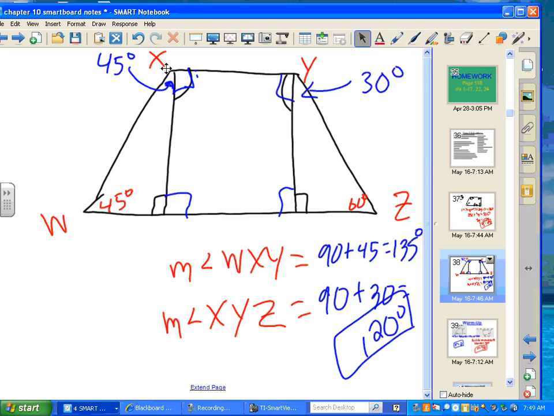Because these two are congruent, and if these two are 90, these two are going to be 90, because these two are congruent. So in other words, these add up to 180. So if you take 360 minus 180 and divide by 2, you get 90. There's nothing else these can be because they told us in the book that these two angles were congruent. That's a good question. Does that make sense? Neil?